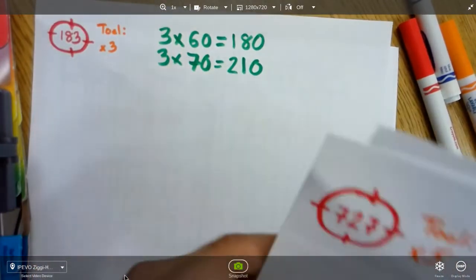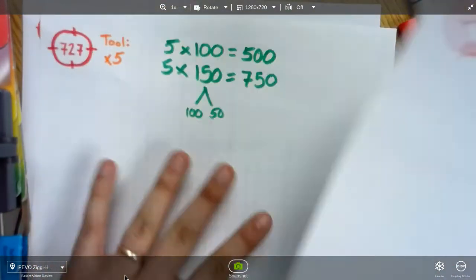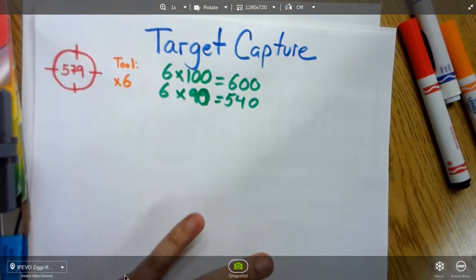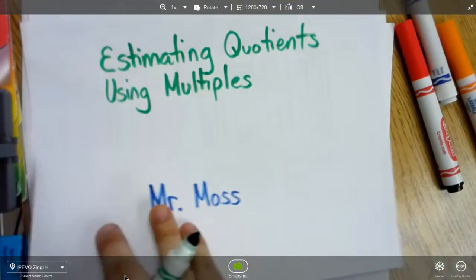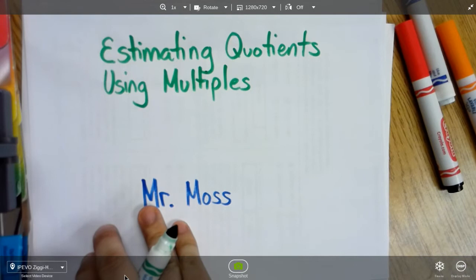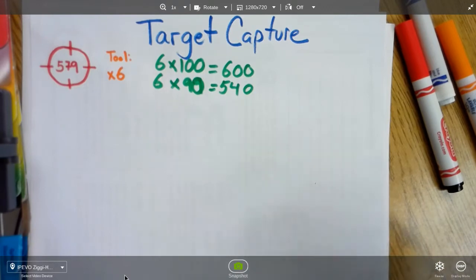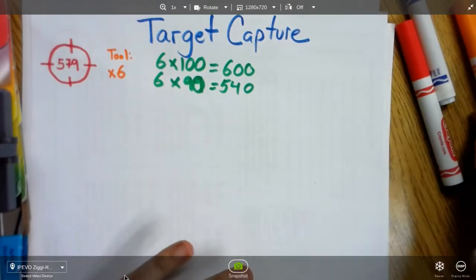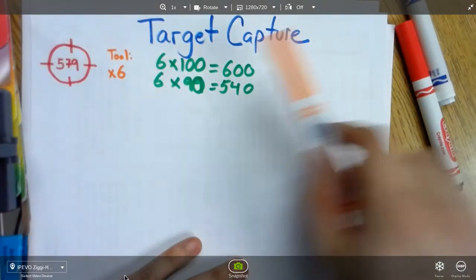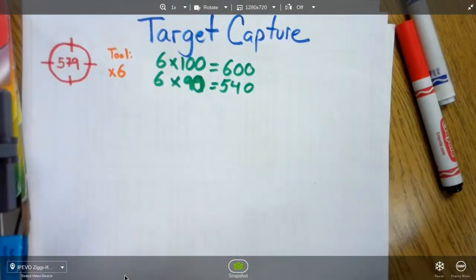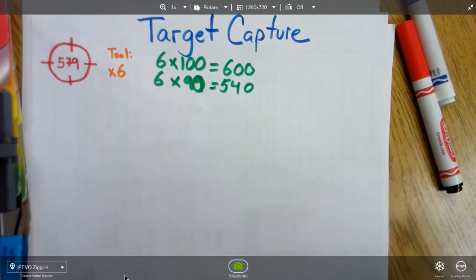So let me explain a little bit of why we're going through this exercise. Remember that our purpose today is to be able to estimate quotients using multiples. Well, we know that multiplication and division are really closely related. In fact, in this example, let me take the problems that I just wrote and rewrite them in another way. I'm just going to change the order, but you'll notice that I'm going to keep all of the answers the same.